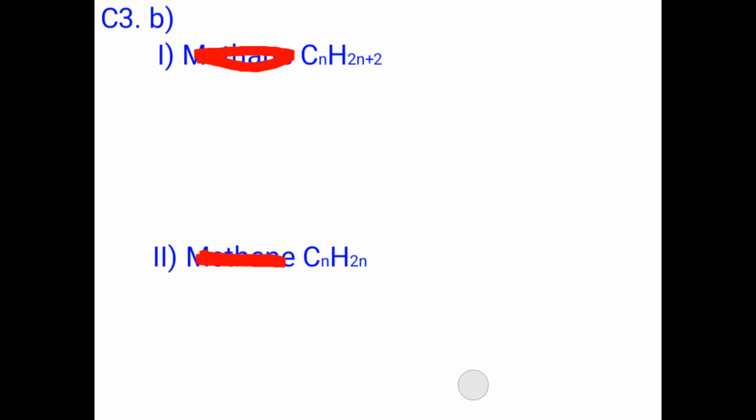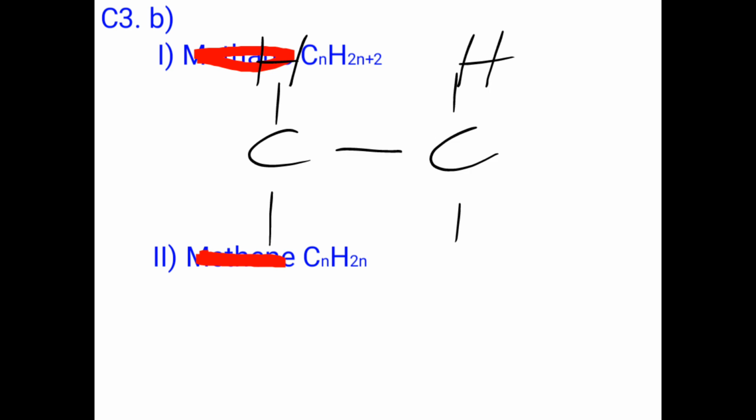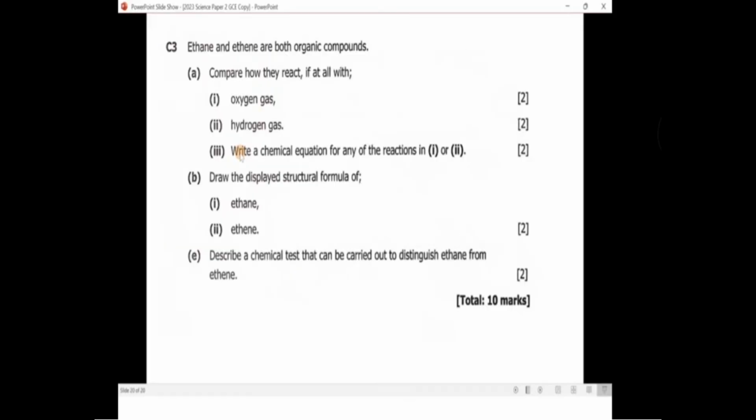We have two carbons there with four hydrogens: one, two, three, four. Since there are only four hydrogens, this will have a double bond like that.